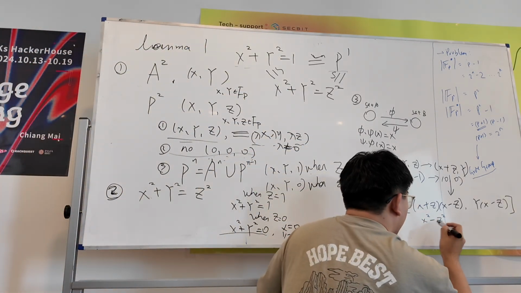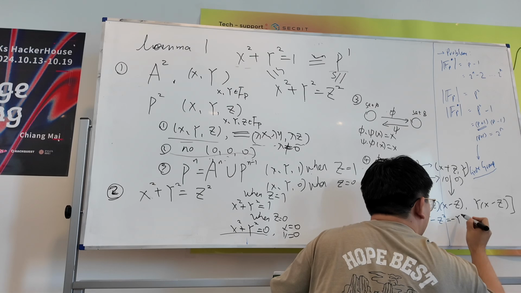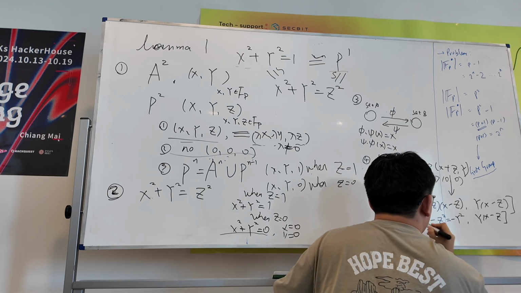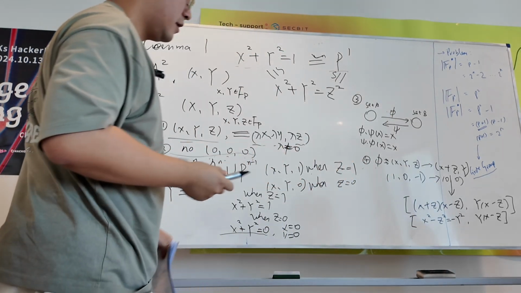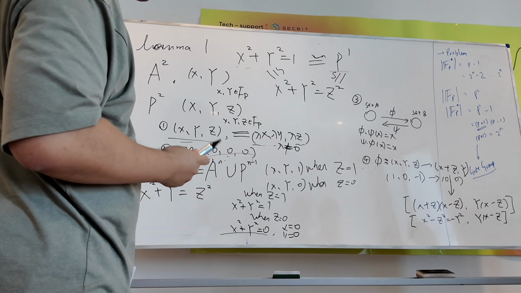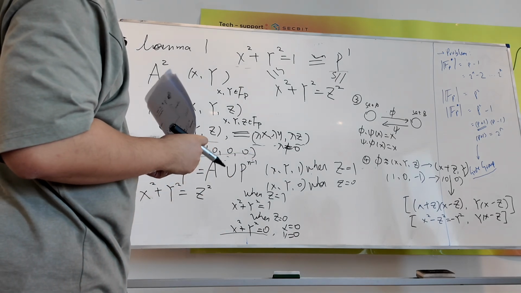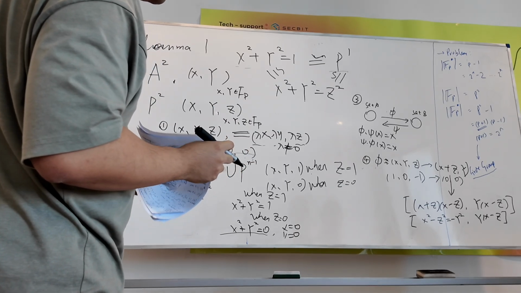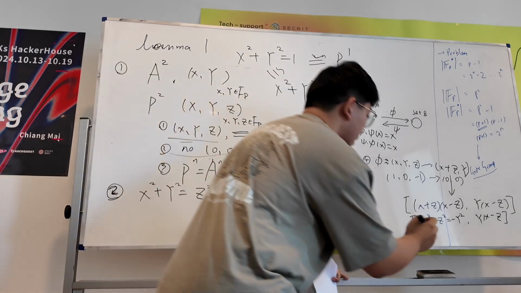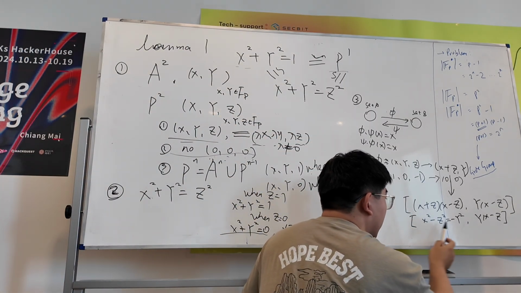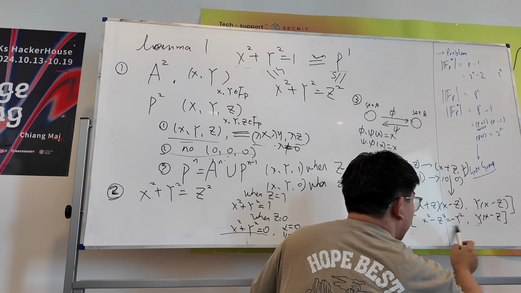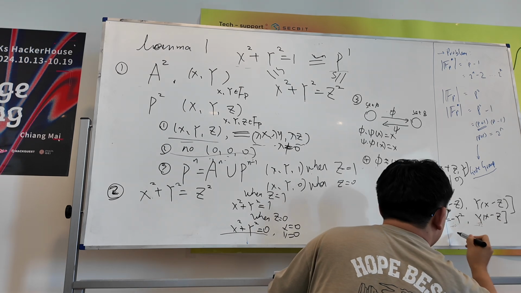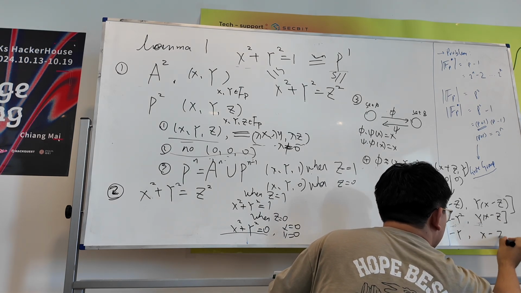So we can apply it, just minus y squared, and we keep this. And we can clear the common component of both coordinates, and we can get this and this one.